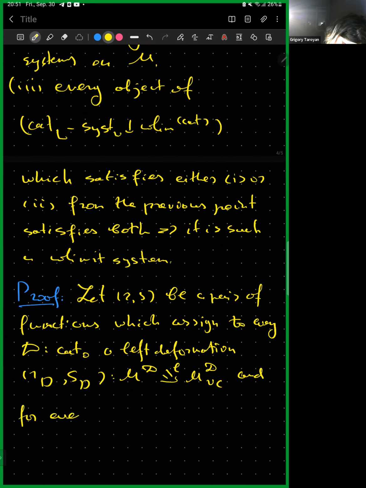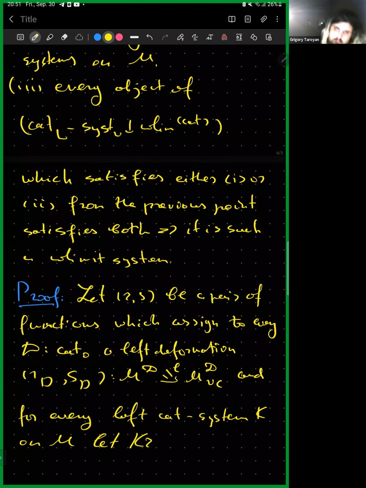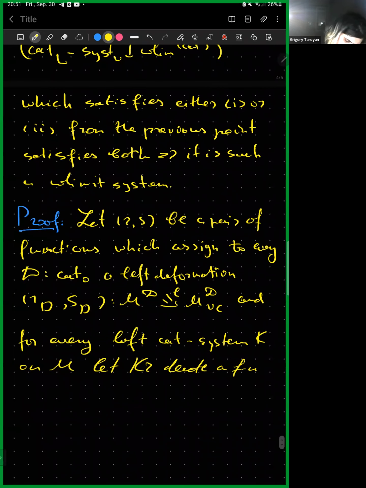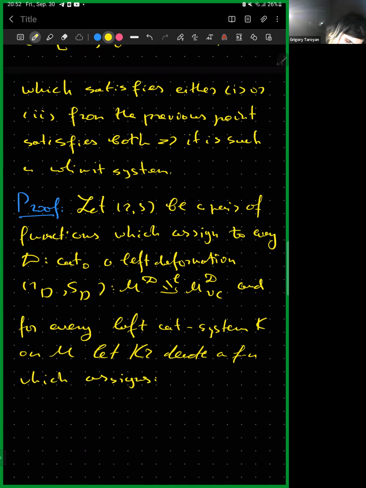And for every left cat system K, let KR denote the function which assigns the following things.